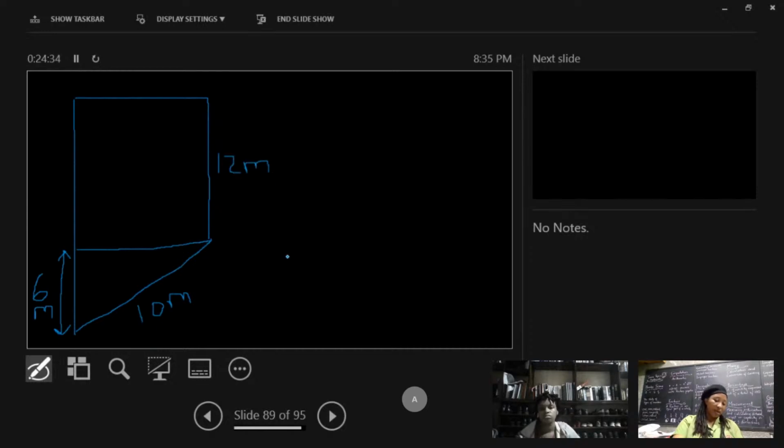All right, so I want the area of the trapezium. First, you have to find the height. So 10 squared minus 6 squared equals, let's call this x, x squared.